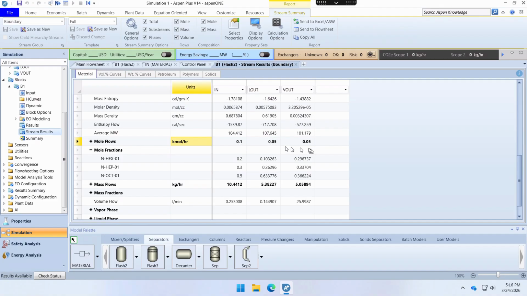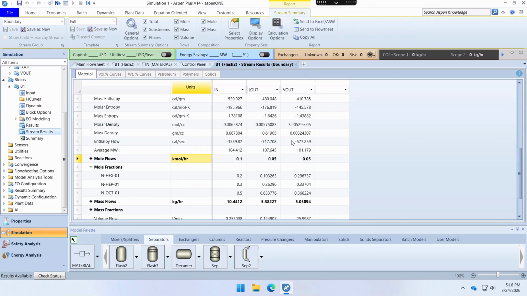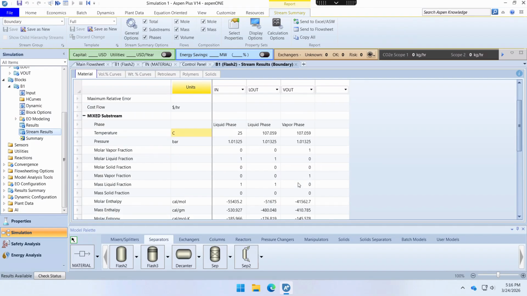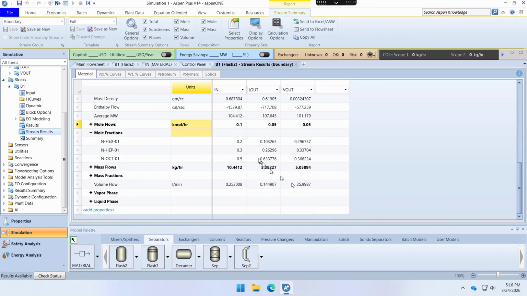Now we have an equal partitioning of the fluid from pure liquid to liquid and vapor. The temperature is given, 107, and the mole fractions of liquid and vapor are given in this stream. So that should be the answers to all of the questions being asked.